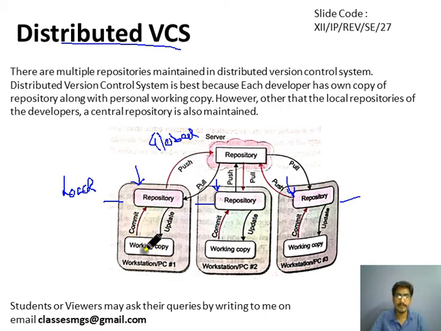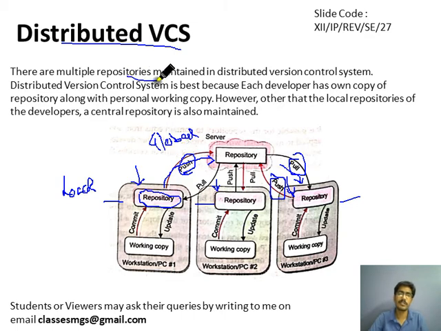Each developer of a company will make changes in their local repository, and after completing their work, they will update the global repository by pushing their changes. And if some other company wants to get the latest changes from the global repository into their local repository, they will use a pull request. I have explained what pull and push are in the previous slide also.